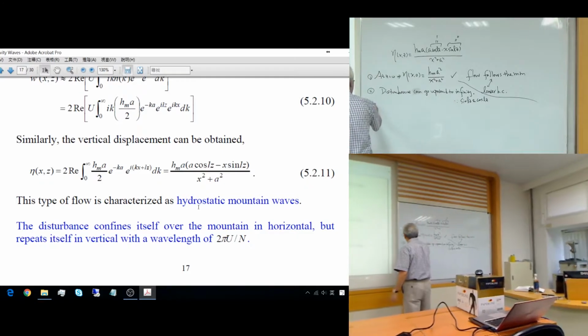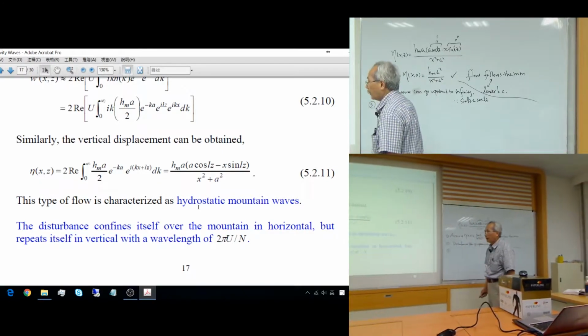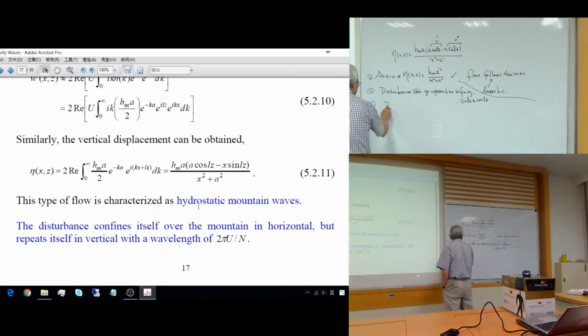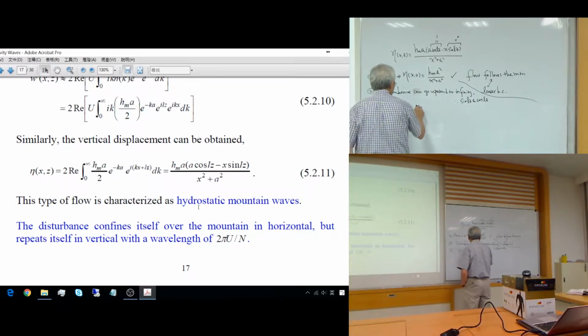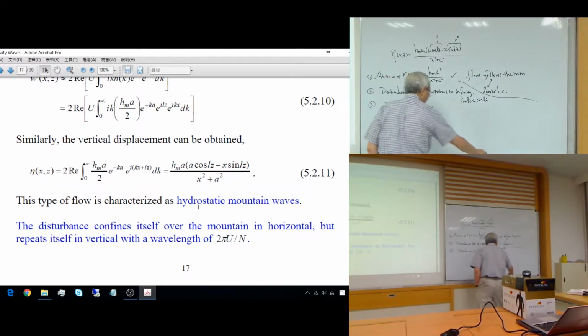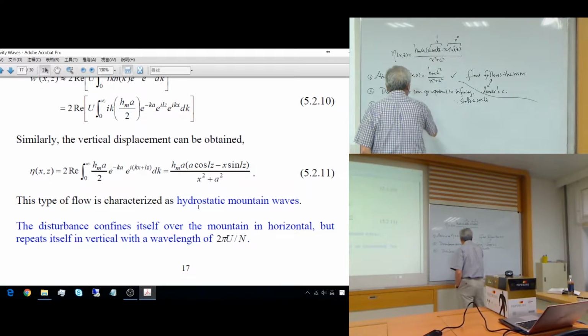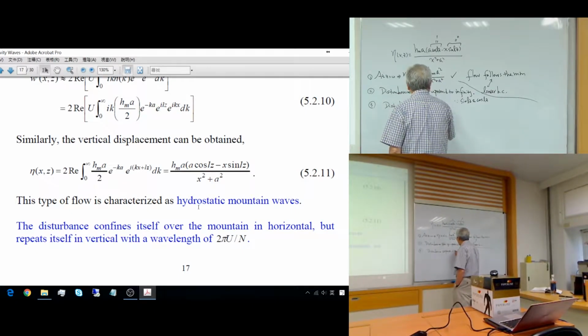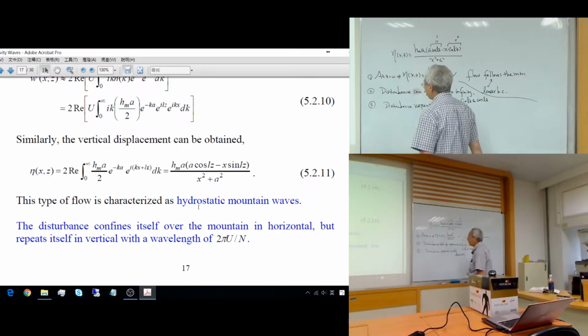The third: the disturbance repeats itself vertically.